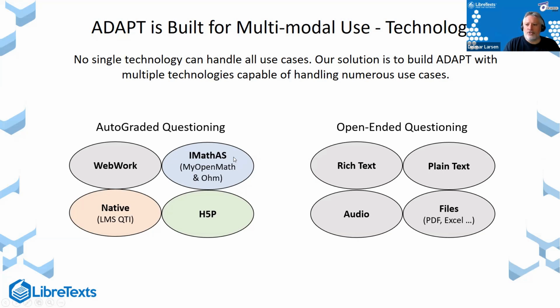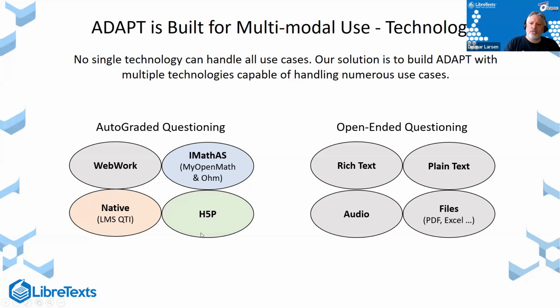IMathAS is the technology underlying MyOpenMath, which is also a math-based focus with a scope that extends to engineering and other number-based things. It's a technology underlying also OHM, which is a for-profit homework infrastructure from Lumen Learning, and XYZ Homework, which is also a for-profit infrastructure, even though the technology is open source.